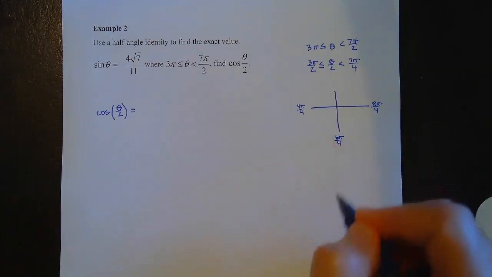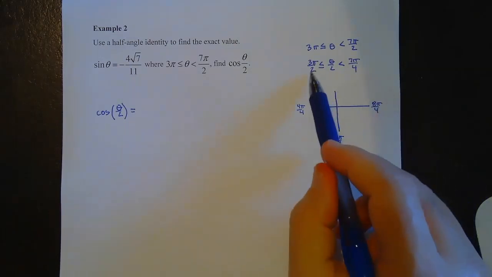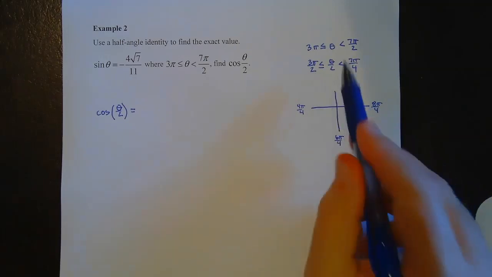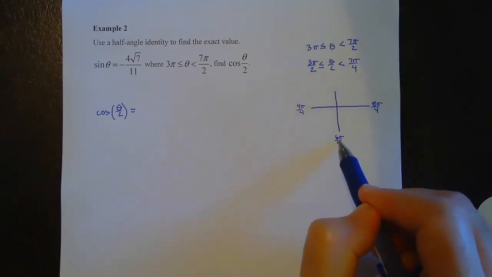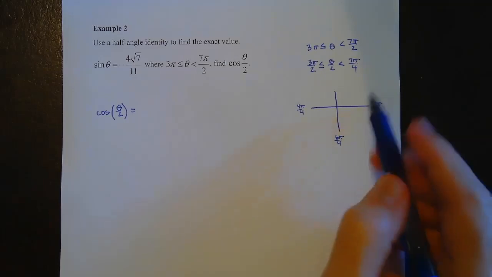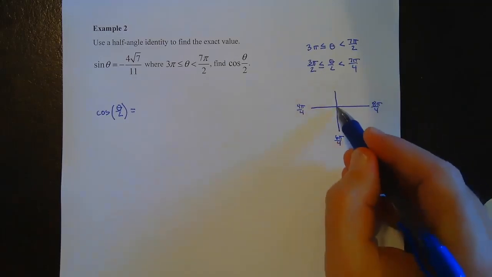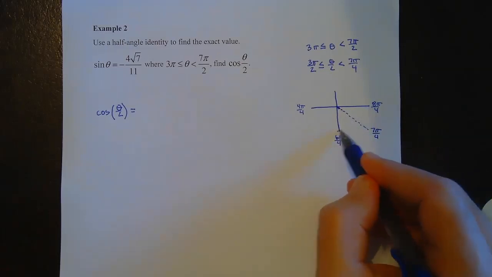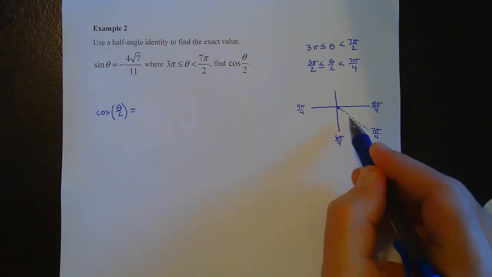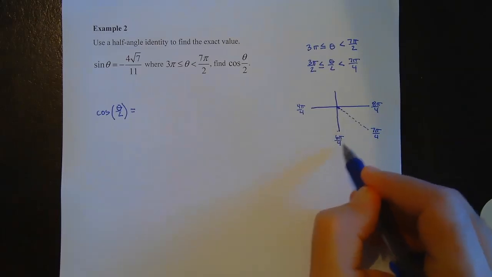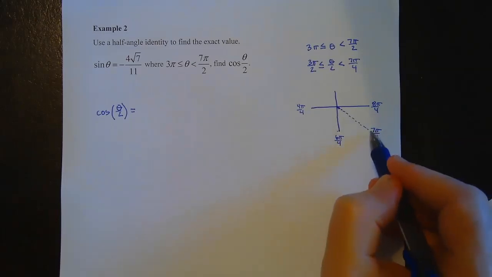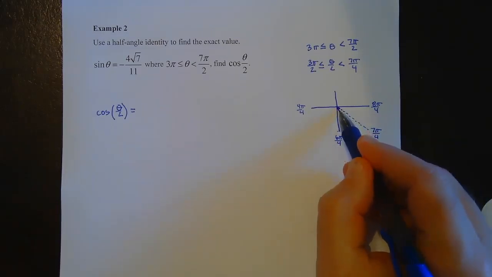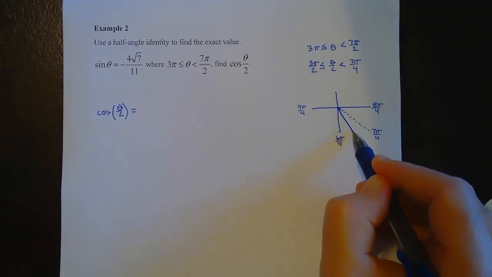But 6 pi over 4 is really just 3 pi over 2. So my angle theta over 2 has to be bigger than this one, but smaller than 7 pi over 4. I'm purposely drawing a diagonal, so it's somewhere between 3 pi over 2, which is equivalent to 6 pi over 4, and 7 pi over 4. I know my angle is right in here.